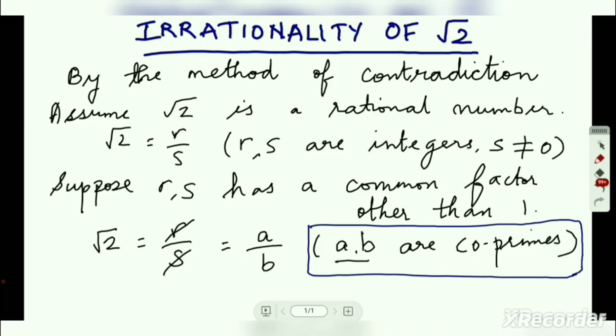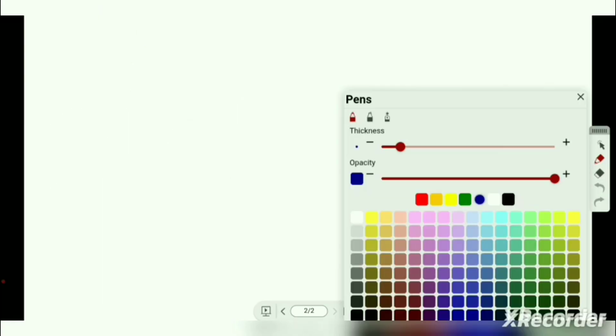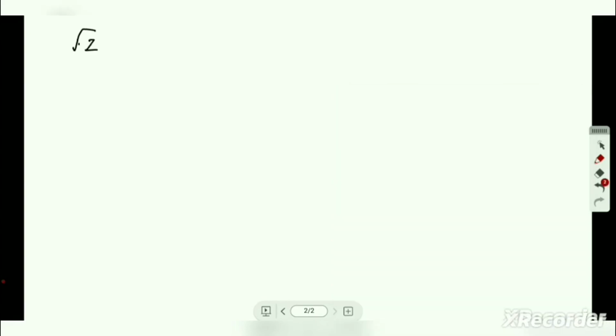Now we got root 2 in the form of a by b. I'm cross multiplying it. So I got root 2 b is equal to a, squaring on both sides.